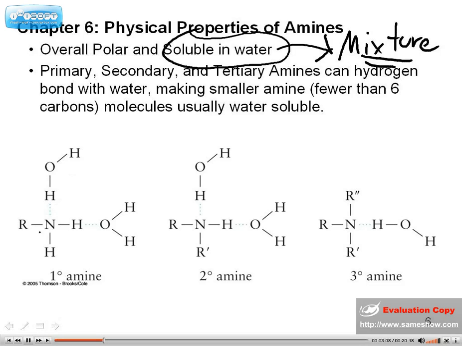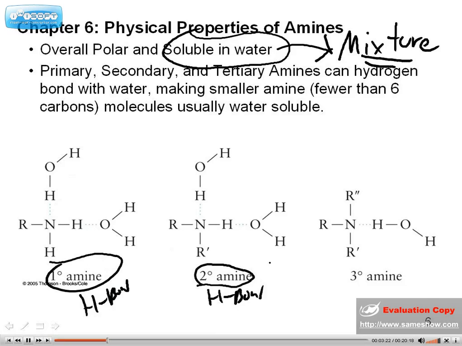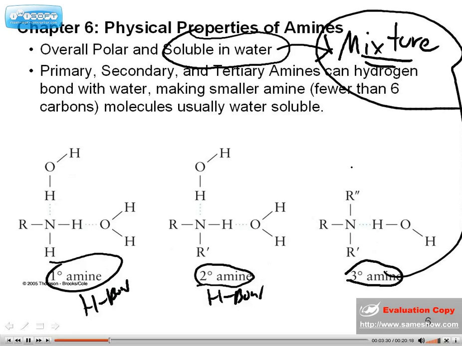On the left-hand side, we have a primary amine, and the dominant intermolecular force is going to be hydrogen bond. If you have a secondary amine, the dominant intermolecular force, again, is going to be hydrogen bond. Now, this is the tricky part. With a tertiary amine, provided it's a mixture, it's going to be hydrogen bonding.